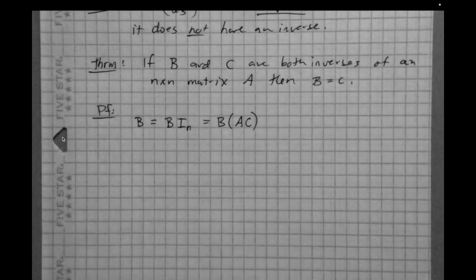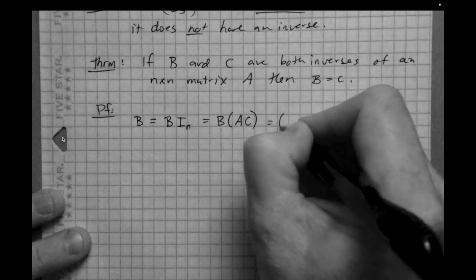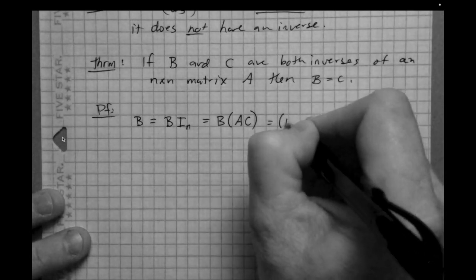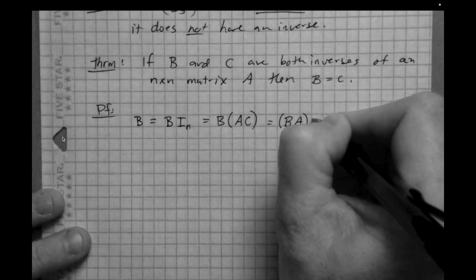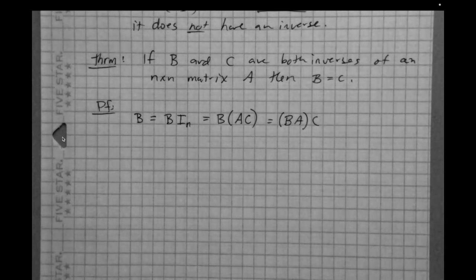We know that matrix multiplication is associative, as we've seen earlier in the course. So B times A times C, you can associate them differently. I can multiply B and A first, and then multiply by C. Note, I'm not changing the order, I'm just reassociating.